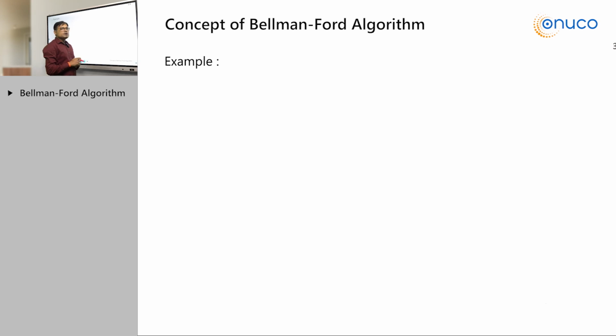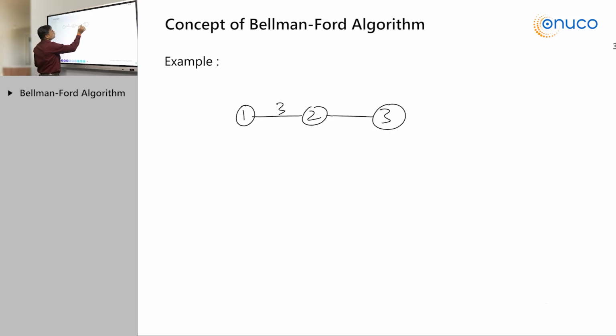If I am talking about shortest distance that can be negative, then remember, suppose there is a city A, city B, city C, or you call it 1, 2, 3. Here from 1 to 2 is, say, 3 units. 2 to 3 we can call 2 units, and this distance is -4.